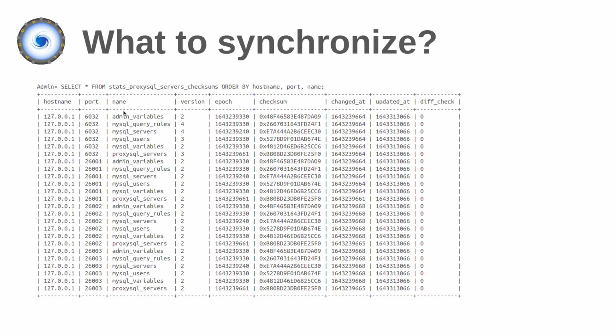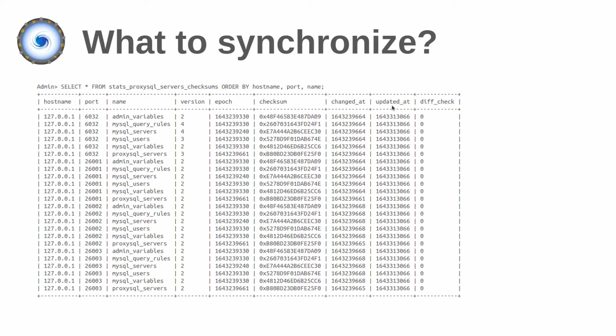Then you have a column called name, which is the name of the module that needs to be synchronized. So you see admin_variables, mysql_query_rules, mysql_servers, and so on. You have a column called version, which I'm going to go into in detail later. Then epoch, checksum, changed_at, updated_at, and diff_check.